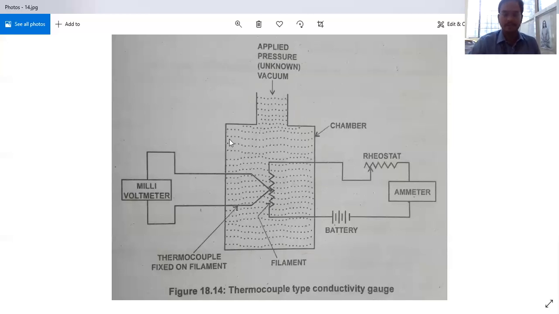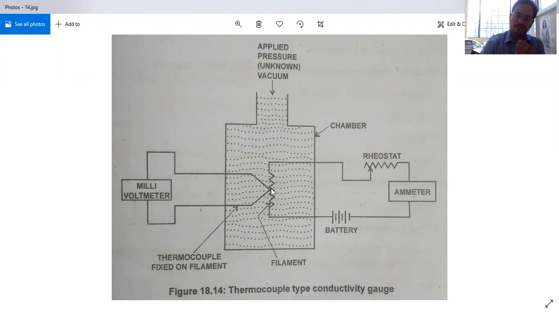Coming to operation, when we bring this chamber to the atmosphere whose vacuum is to be determined, the gas or the fluid enters into this chamber depending upon the density of the material.